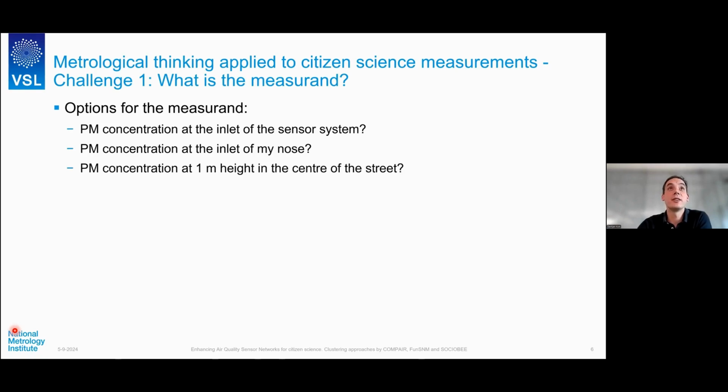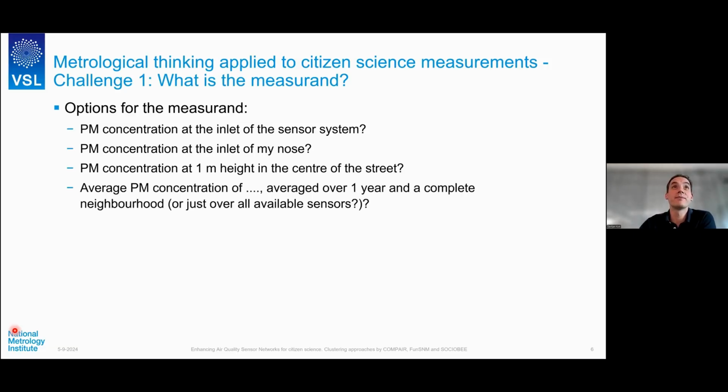Maybe there's some standard saying where to measure, maybe at 1 meter height in the center of the street, which is maybe different from the location of the sensor. Or often in norms there are limits on average PM concentration, averaged over a year, and then averaged over a complete neighborhood.